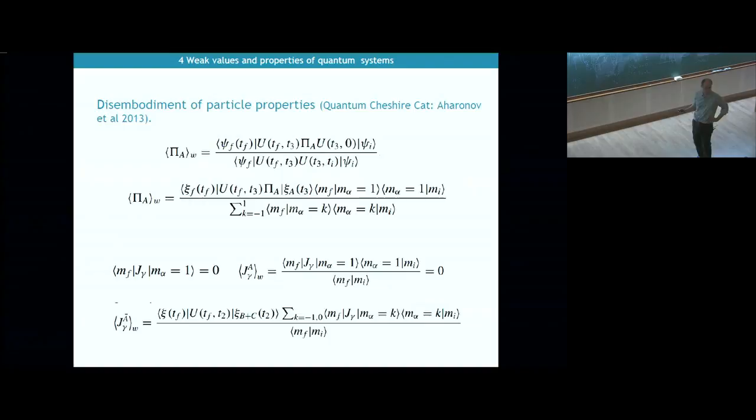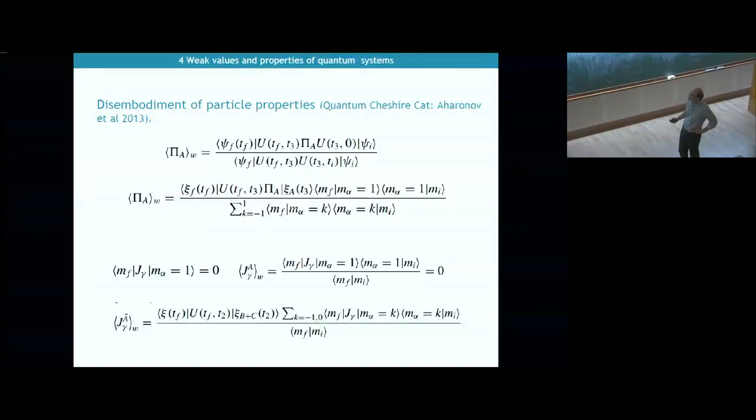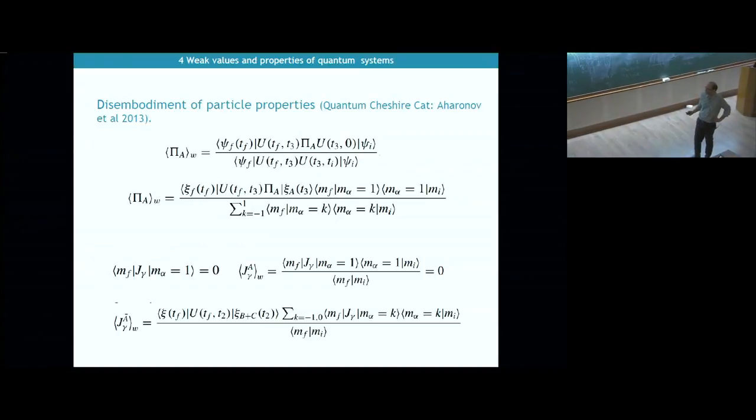Here you make a strong projective measurement, and you select on the state that you have conveniently chosen to observe this effect. If you do this and compute the weak value, you will see the weak value is 1.